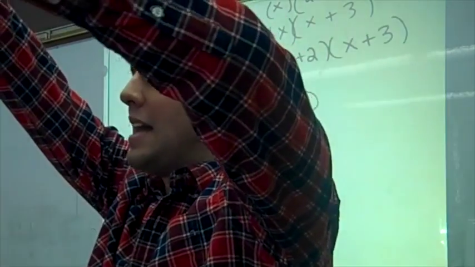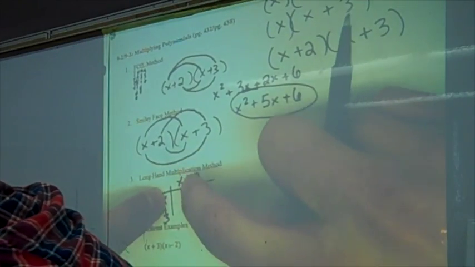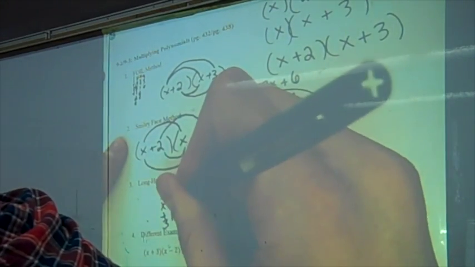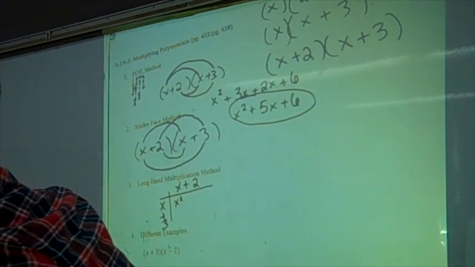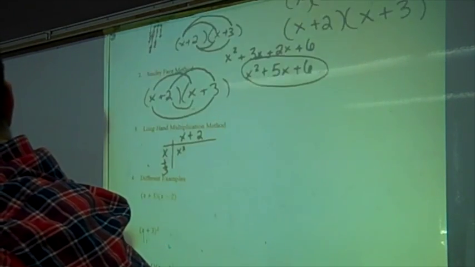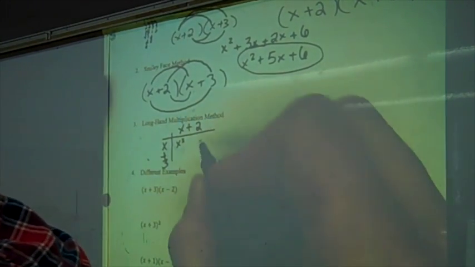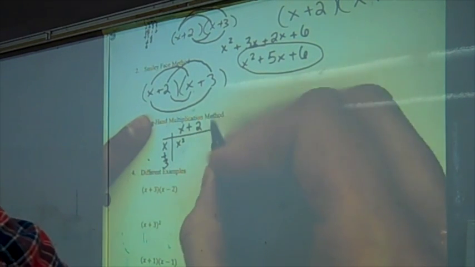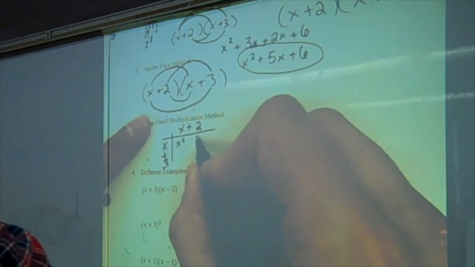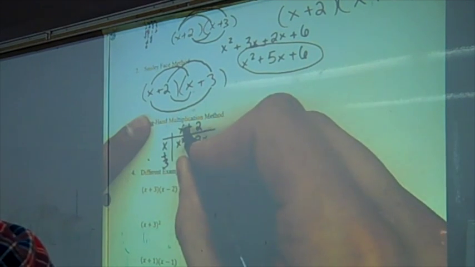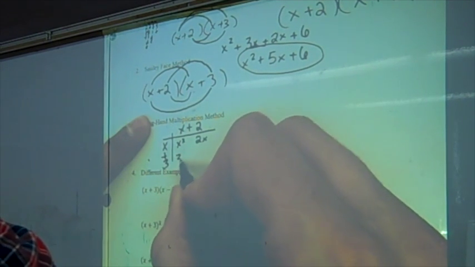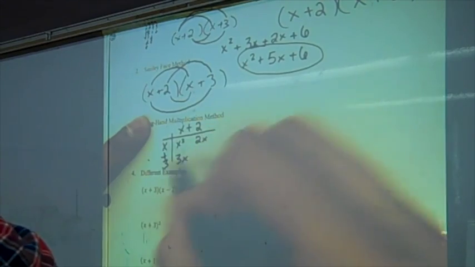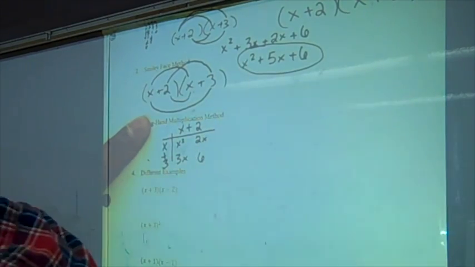And you can sort of match them up. x times x is x squared on the inside left corner. And then the next spot in your grid is x times 2, 2x right there. x times 3, 3x. And 3 times 2 is 6.